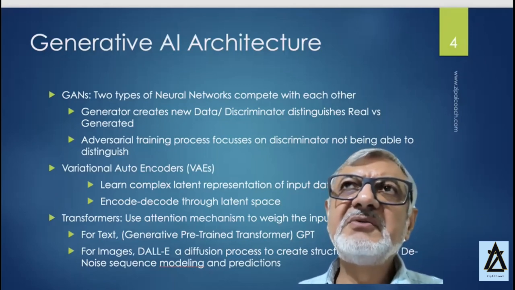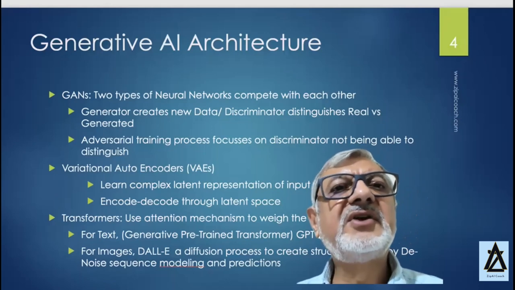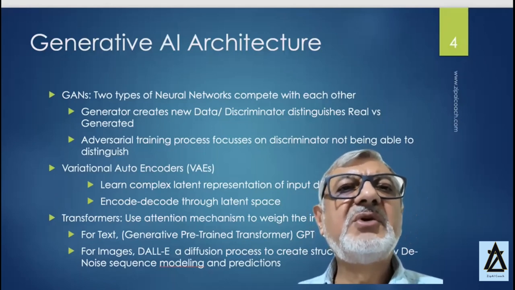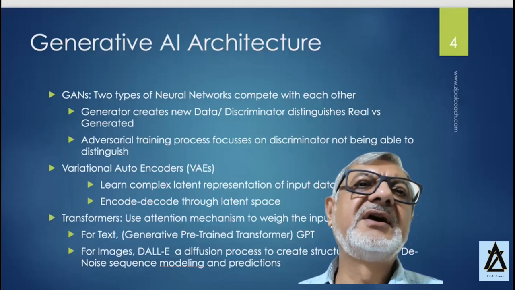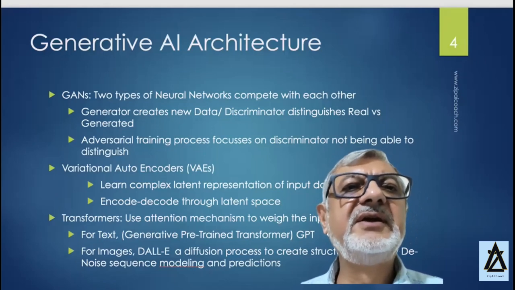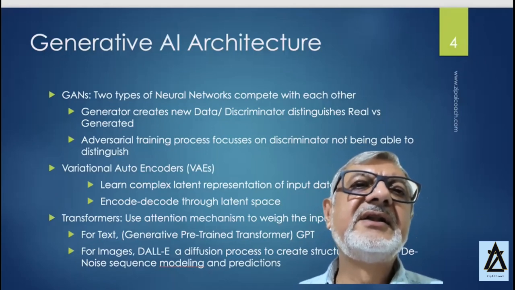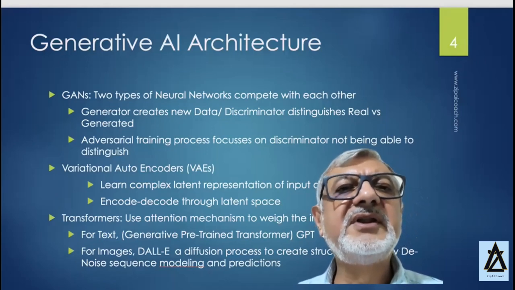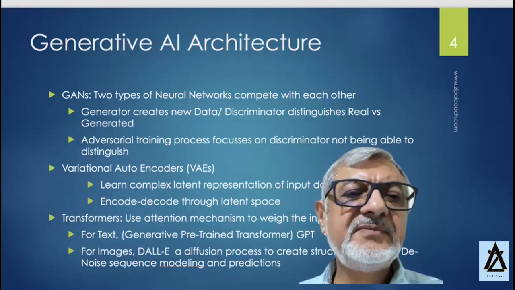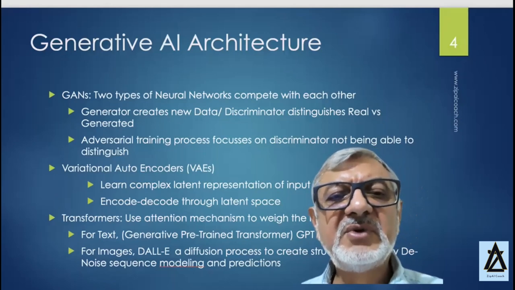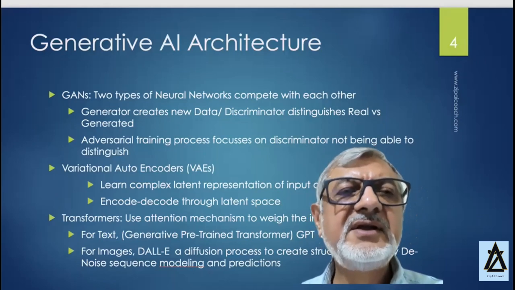Then the third part of the architecture of generative AI is transformers. Transformers are based on the type of data which the generative AI model is creating. If it's creating text data, there's a text transformer like GPT, generative pre-trained transformer, which is for textual data.